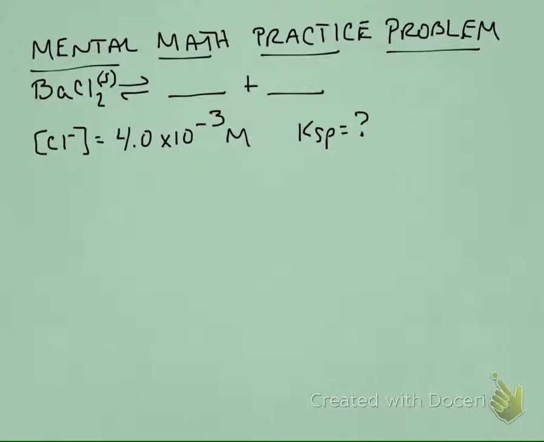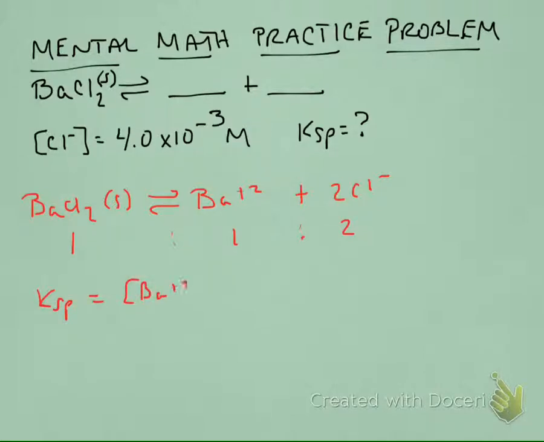So here we go. The barium chloride will break up, so BaCl2 solid breaks up into Ba plus 2 plus 2Cl minus with a 1 to 1 to 2 ratio. Our equation is going to be KSP equals Ba plus 2 times Cl minus squared.